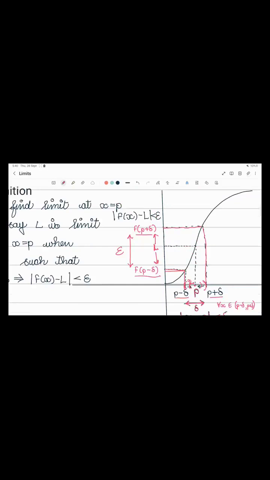Similarly, if we take any f of x between f of p plus delta and f of p minus delta, let's say this is our f of x, and this would be the distance between f of x and L. And from here we can see that this distance is less than epsilon, and this is what I have written here, which says that mod of f of x minus L will always be less than epsilon.